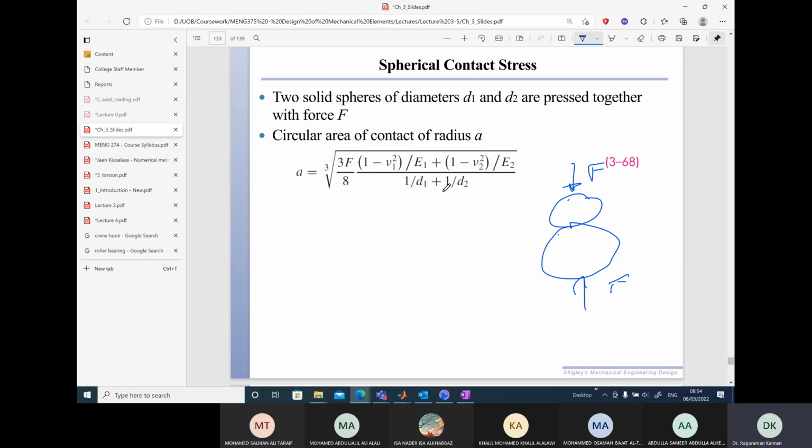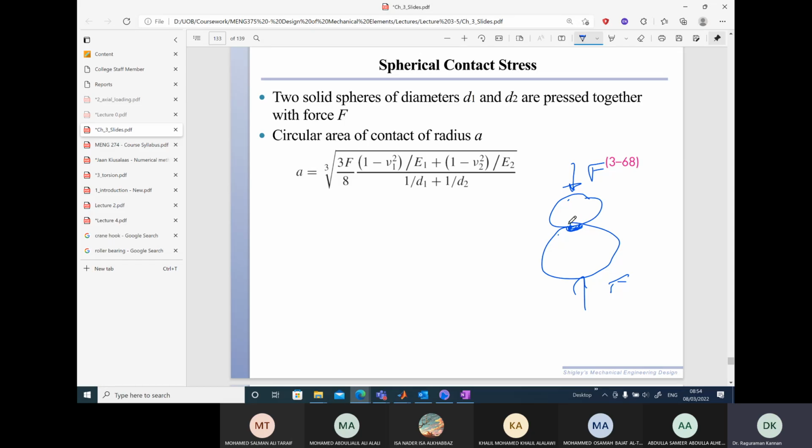In this case, when we have the spheres in contact, one of the spheres will indent or cause a small geometric deformation here. Let us assume the circular area of contact between the two spheres has a radius a.